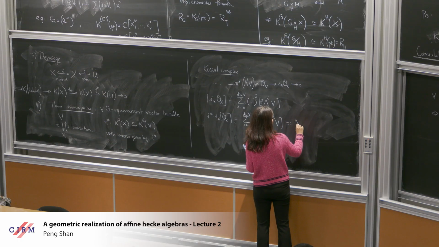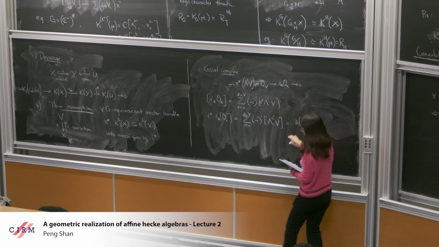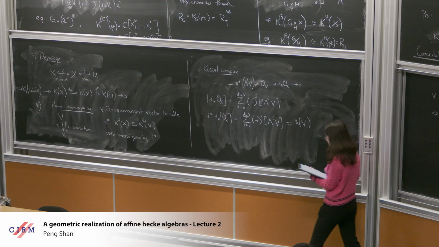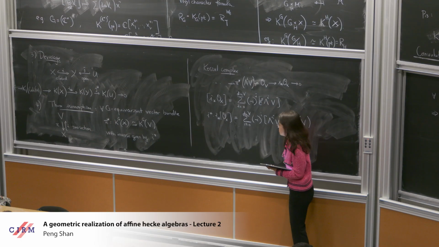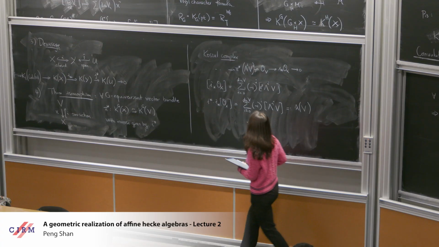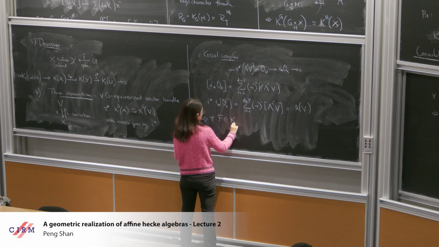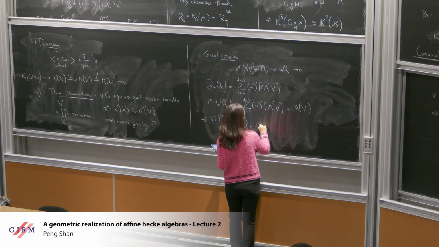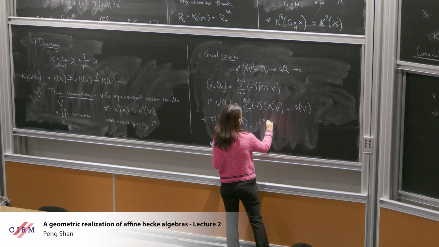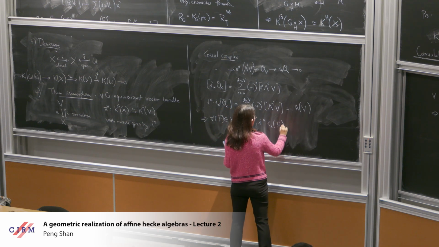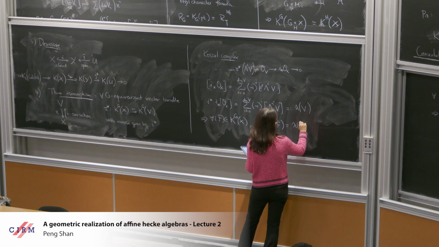We will denote this by lambda V later on, and this will be frequently used. So in particular from this, you also obtain that for any f in K^G of X, if you do I upper star, I lower star of f, you just get lambda V times f.